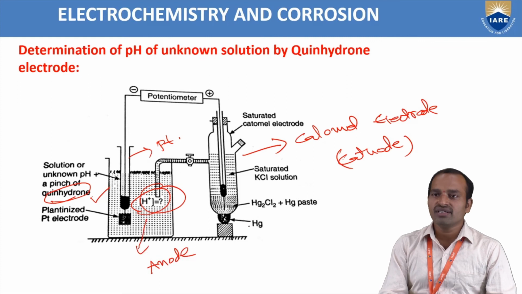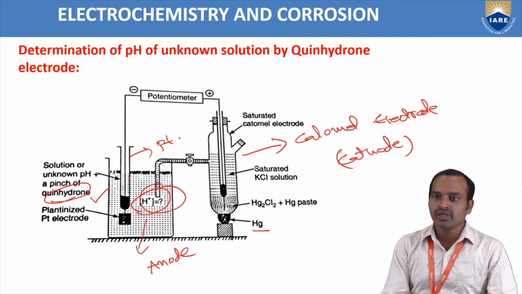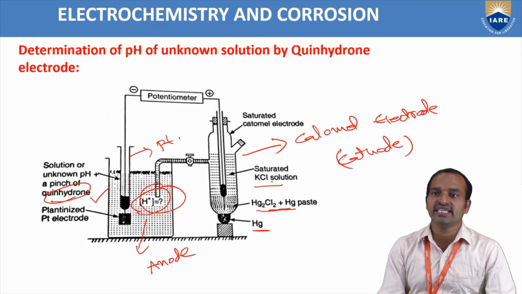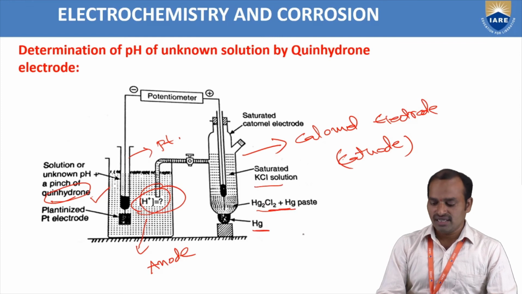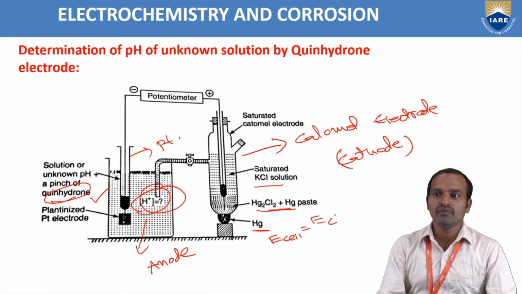In this calomel electrode, what have we taken here? Mercury and mercurous chloride, Hg and KCl, saturated KCl solution. The electrode potential of the cell, E cell, is equal to E cathode minus E anode. E cathode means E calomel, and E anode means E quinhydrone.